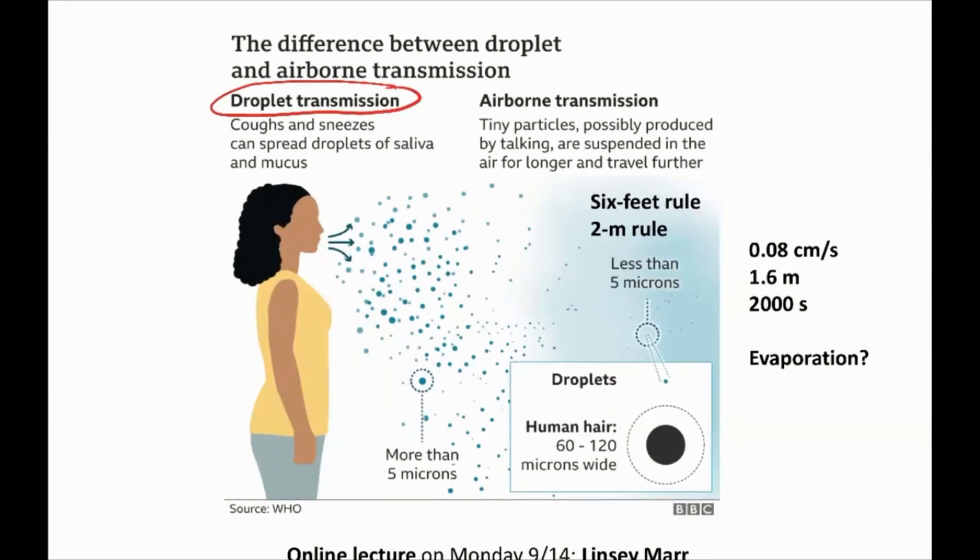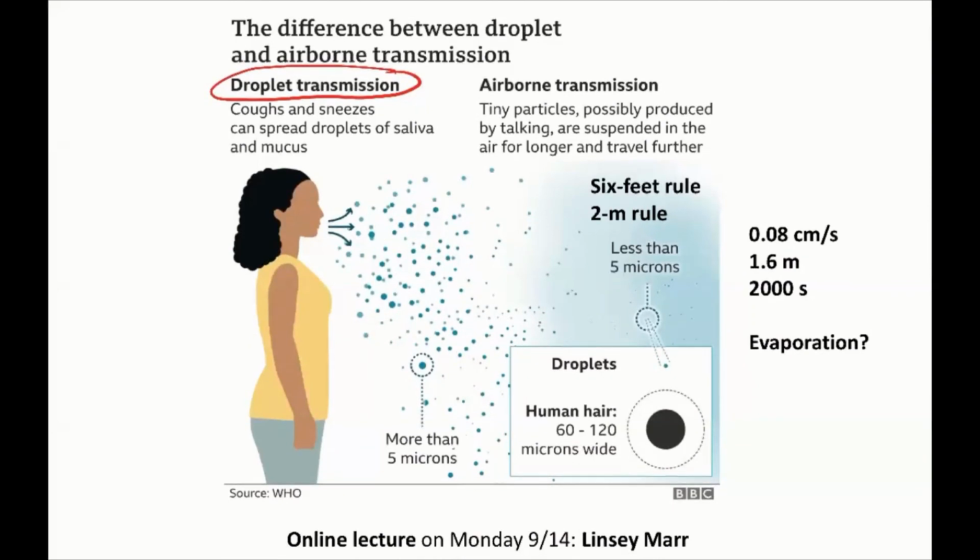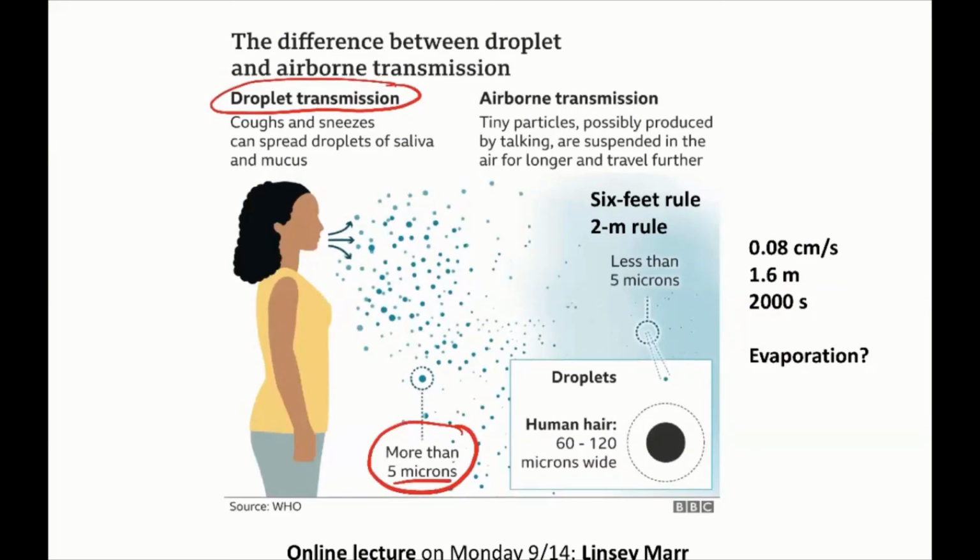That's why all of us wear masks, because masks can block these droplets very effectively. So what is the definition of a droplet? In the medical field, droplets are basically particles, suspended particles, aerosols, or PM, that are more than 5 microns. If their size is larger than 5 microns, we call them droplets. Also here the rule that we apply is the 6 feet rule or 2 meter rule.